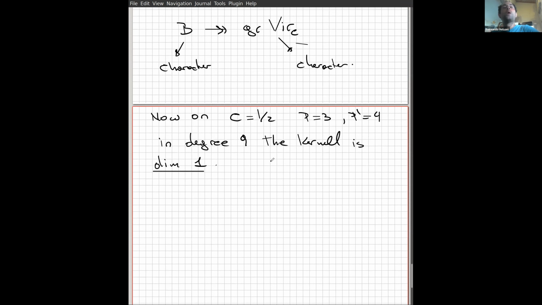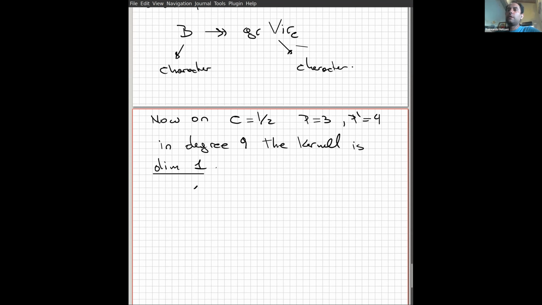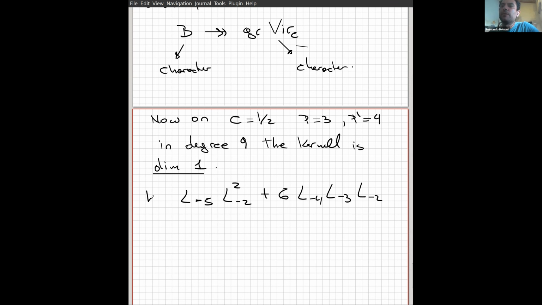I do not know how to find these things by hand. Probably this computation you can do by hand, but I wouldn't do it, because the problem doesn't have a solution without computers. But you put it in a computer, and the computer spits out immediately something in the kernel, and it's this: L minus 5, L minus 2 squared, plus 6 times L minus 4, L minus 3, L minus 2. So this guy is in the kernel.